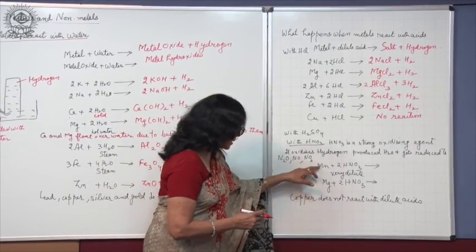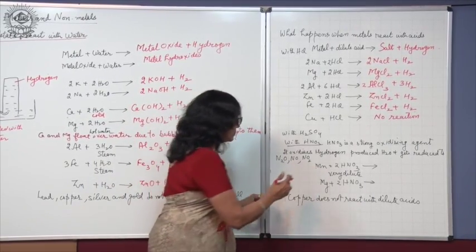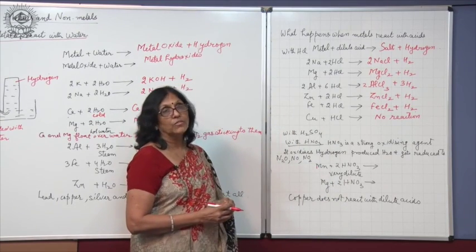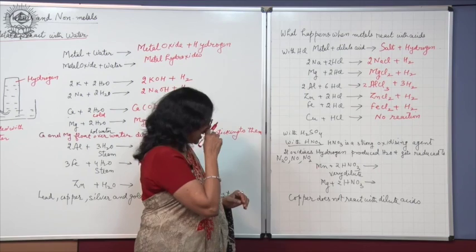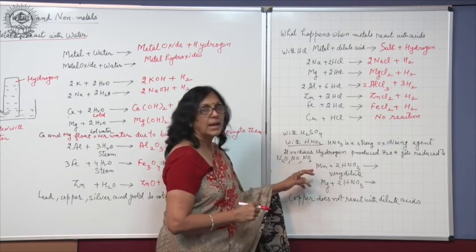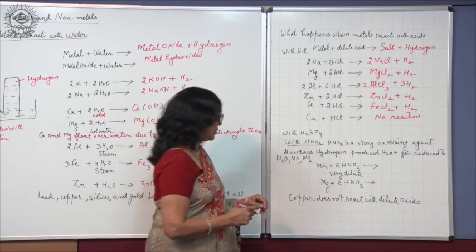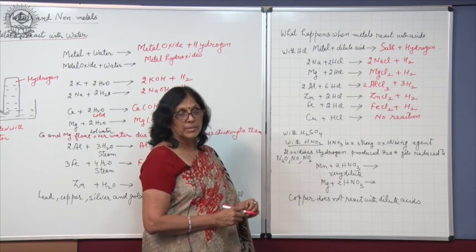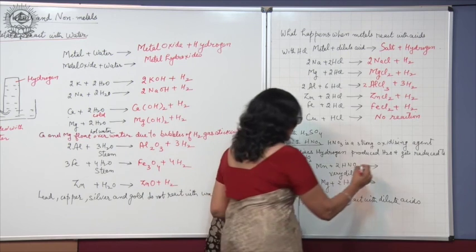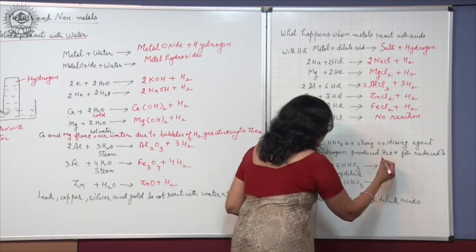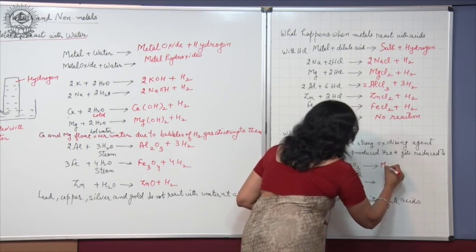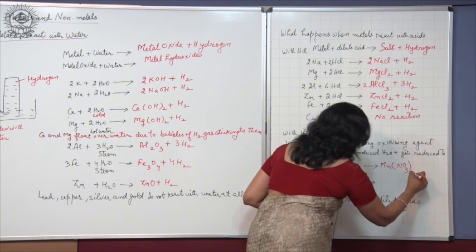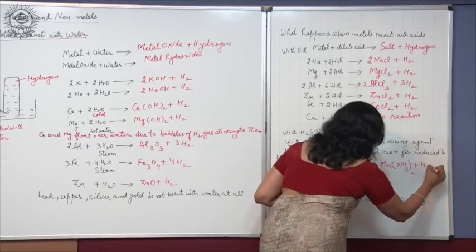But metals like manganese and magnesium react with very dilute nitric acid and form the salt, and hydrogen gas is liberated. Manganese on reacting with nitric acid forms manganese nitrate. Think about the formula of the salt, what should it be? You can write manganese nitrate and hydrogen gas yourself.